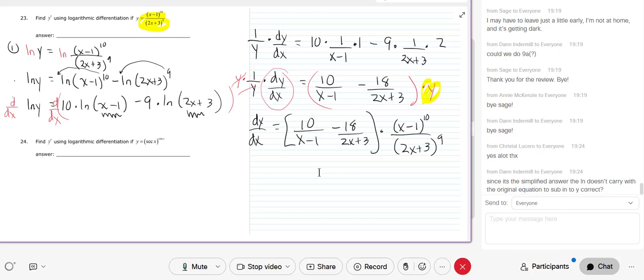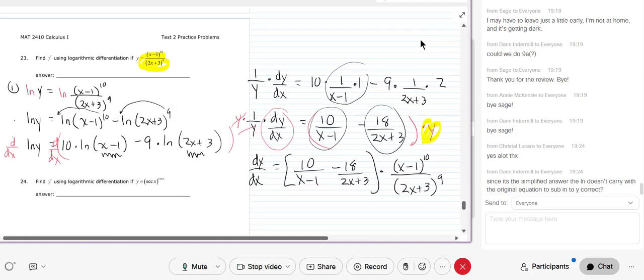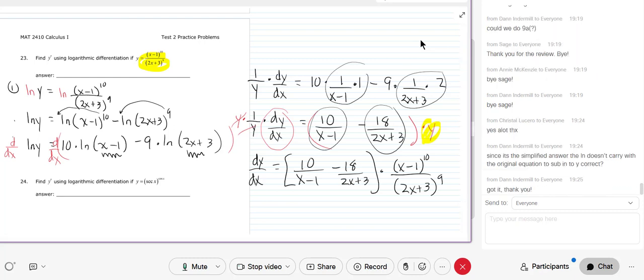When you do the derivative of ln x minus 1, the ln is gone, because the rule is 1 over the function times the derivative of what's inside. So the ln does not carry on, because the derivative of ln makes the ln disappear.